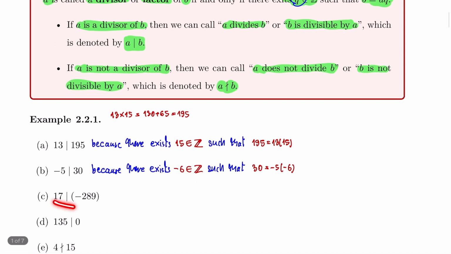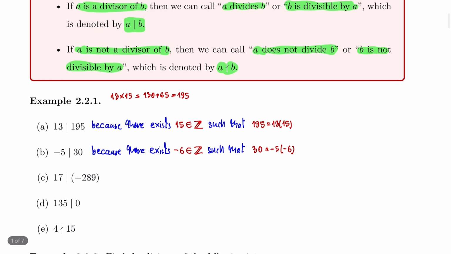Okay, 17 and minus 289. So why can we write this one? Because 17 times 17, what is this number? It is 170 plus, what's the next one? 70 times this number. So it turns out to be 70 plus 49, right?